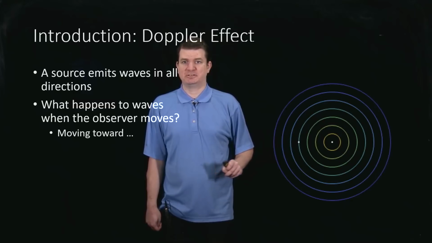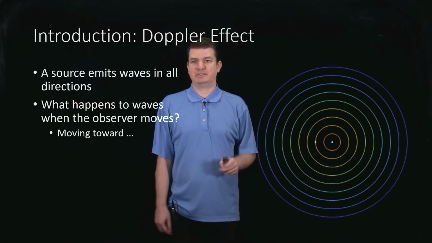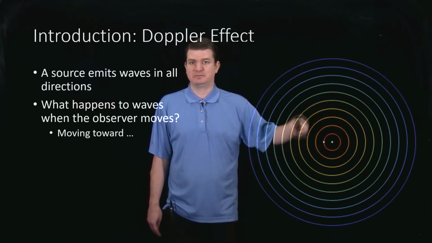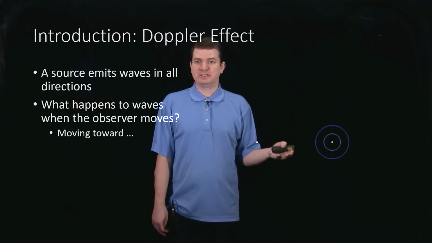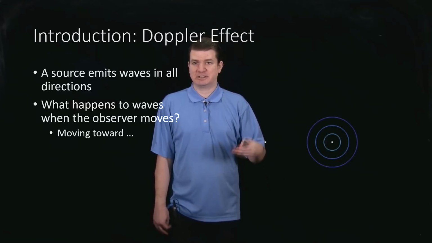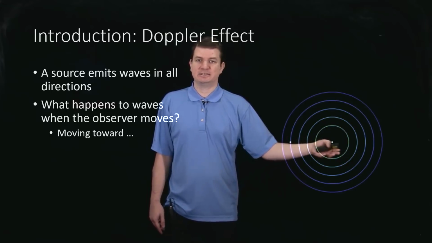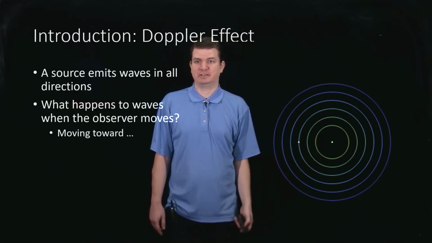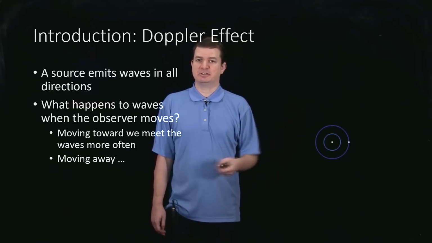Now I skipped another two. So every interval now, I am seeing two waves instead of one, even though the source is doing the exact same emission. So I've increased the frequency if I move towards it, because in each interval I'm seeing two different peaks. I would think that this source has twice the frequency if I'm moving in this way. So we meet the waves more often, which increases the frequency.